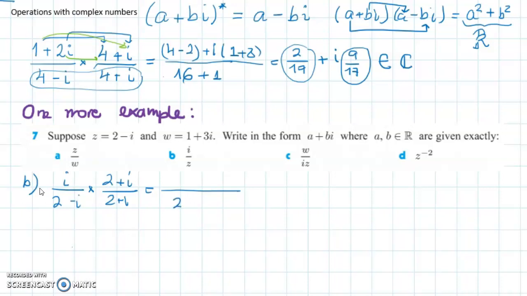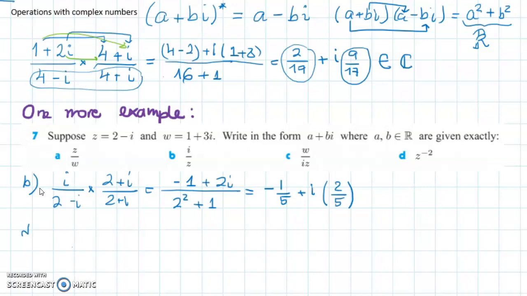The real number is going to be 2 squared, and then we're going to have plus 1. And then we are going to have in the numerator minus 1, that's i times i, and then plus 2i. So this is the complex number negative 1 over 5 plus i multiplied by 2 over 5. And we wrote i over z in the form we wanted.